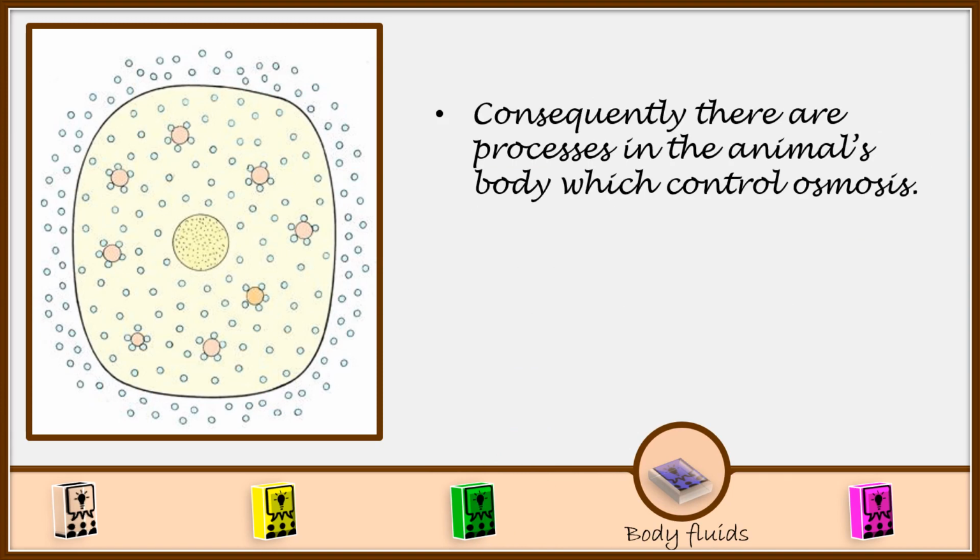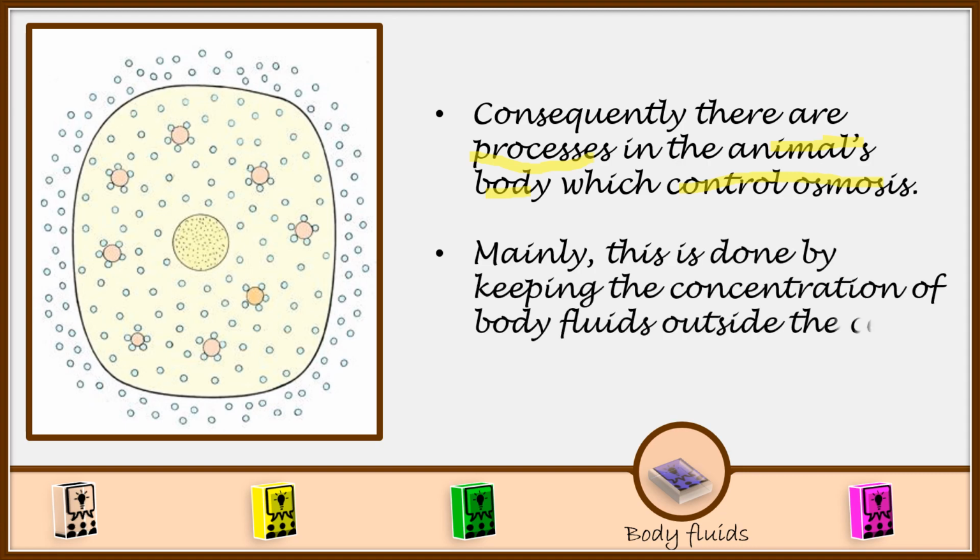Consequently, there are processes in the animal's body which control osmosis. Mainly, this is done by keeping the concentration of the body fluid outside the cell the same as it is inside.